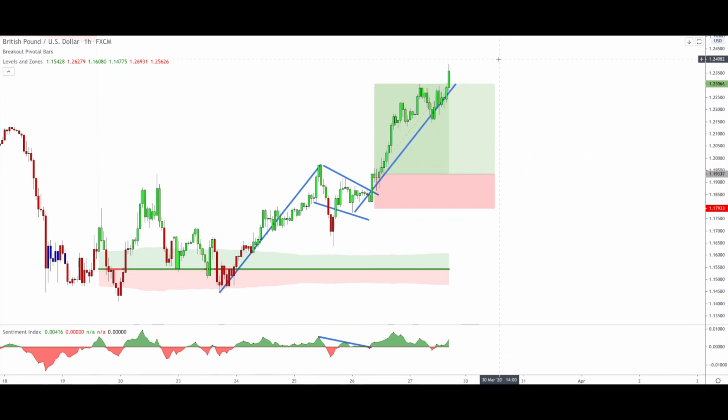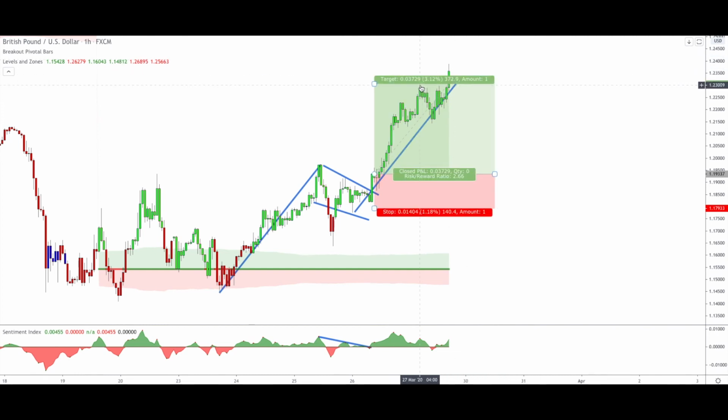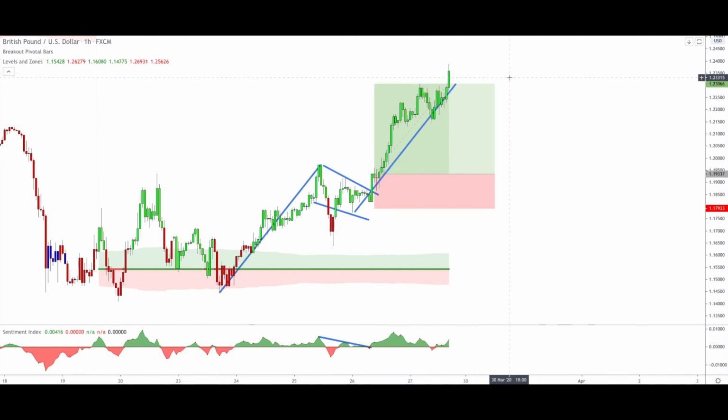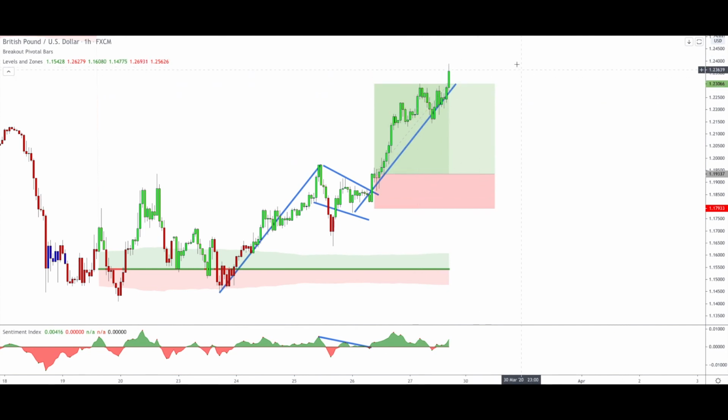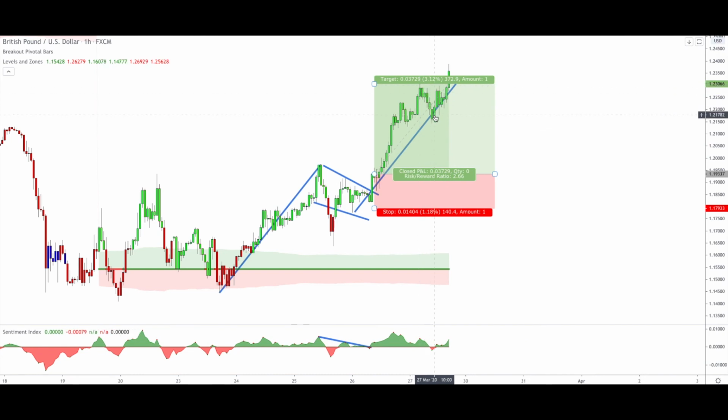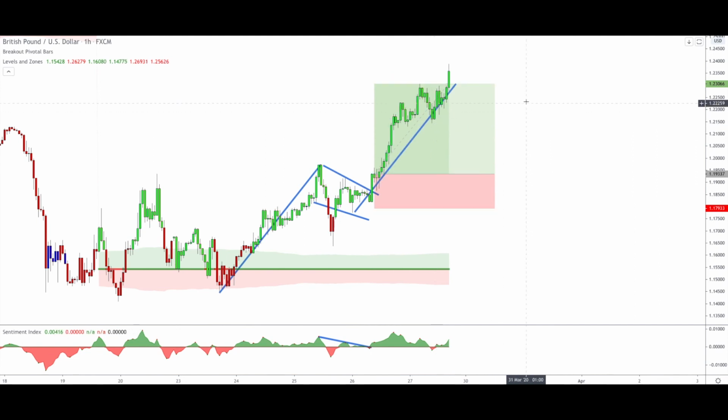But unfortunately we almost touched the target a couple of times, one here and another one here, and those times are the ones that become a little bit frustrating, because you feel like you have the trade and then the price starts to go against you, and you must accept this kind of situation.